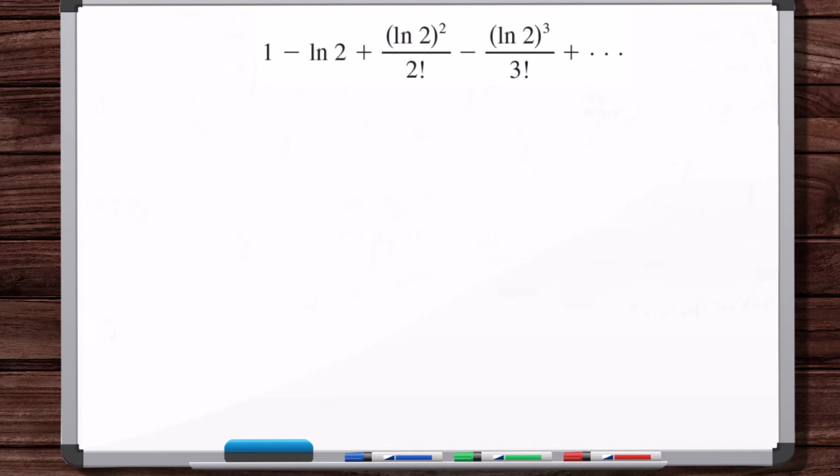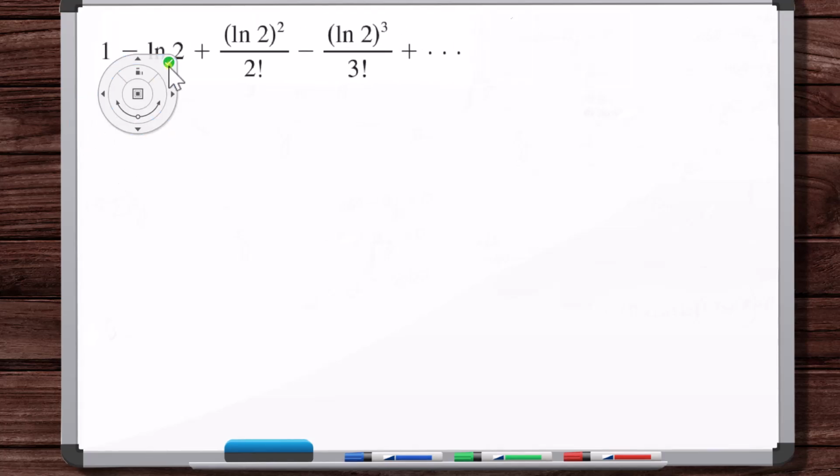Okay, what do we have here? Let's write this as a summation. It looks like we can start at 0 and we can say natural log of 2 to the n over n factorial. 0 factorial is 1. 1 factorial is 1.